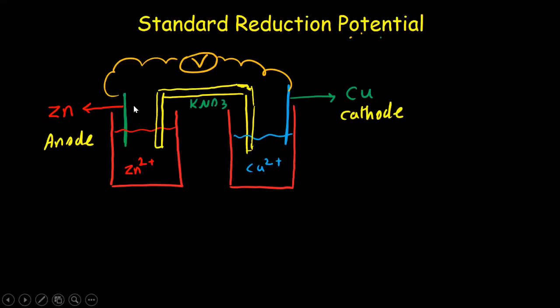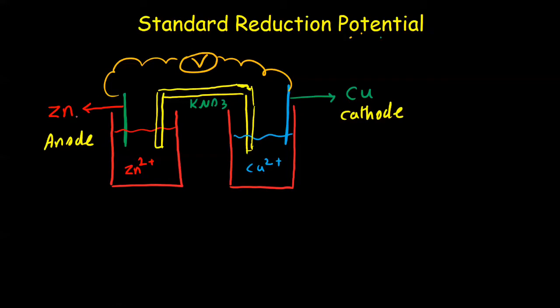A hydrogen half cell under a standard condition is considered a standard half cell, and an E of 0 is allocated to it. But what's a standard condition?